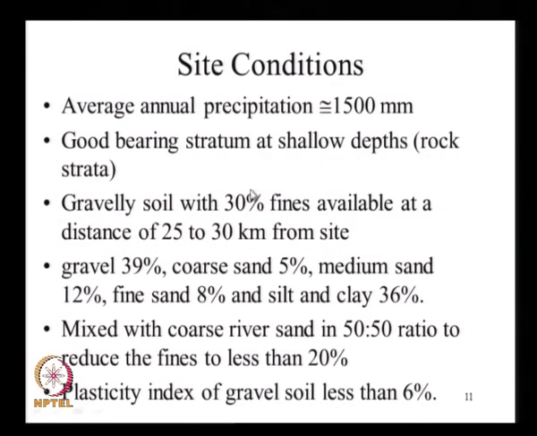So, the site conditions are like this. The annual precipitation is fairly large, about 1.5 meters, and there is a good bearing stratum at a very shallow depth, with rock at a shallow depth of about half a meter to 1 meter.